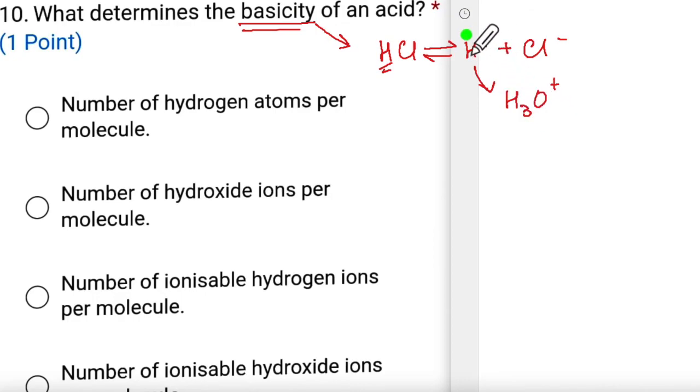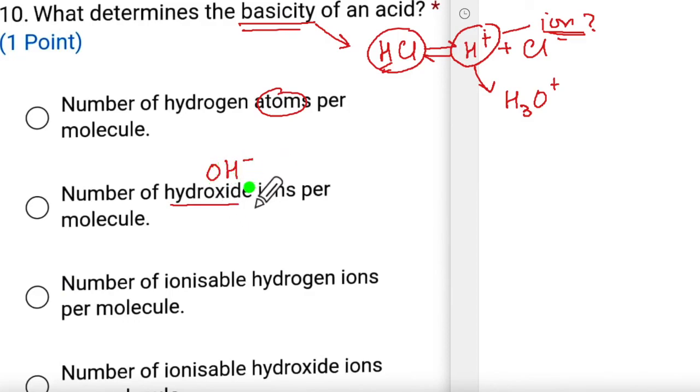And then we say that basicity is the number of hydrogen ions per molecule of an acid in its aqueous solution. If you know your definition well, then you will know, is it the number of atoms per molecule? Now in this molecule, is this the atom or is it the ion? Definitely not the atom. Number of hydroxide ions per molecule. Now hydroxide is OH-. This is present in an alkali in the aqueous solution.